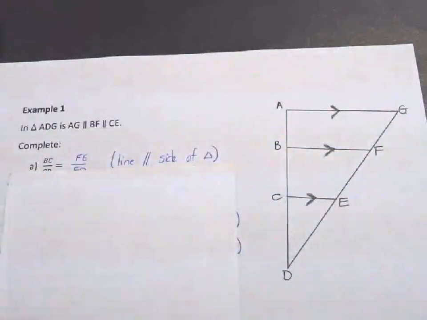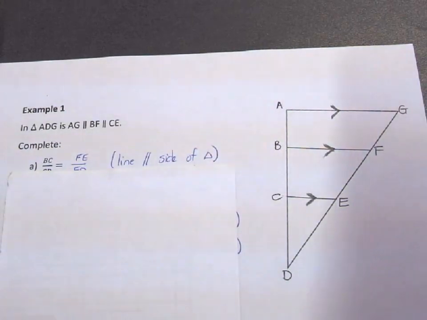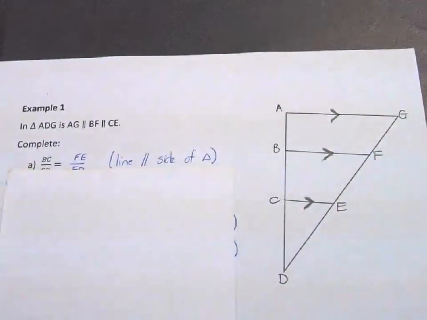Then why is this not being put here? What's different with this one and being put here? What's different with this theorem that we're learning and the midpoint theorem? What's the difference between the two?